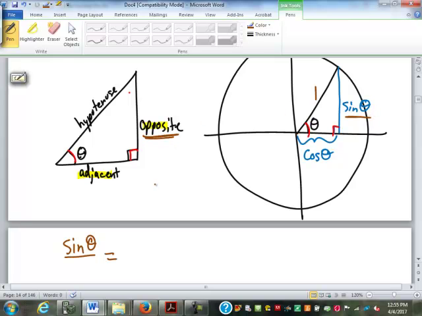That'd be the opposite side here, right? Those are both the vertical side. I'm just going to abbreviate it OPP. I'm also going to use the side that we know here, the 1, for the hypotenuse. What part of this triangle corresponds to that 1? Well, the hypotenuse. So when we're looking at a right triangle, the value of the sine of that angle is the ratio of the length of the opposite side to the length of the hypotenuse.